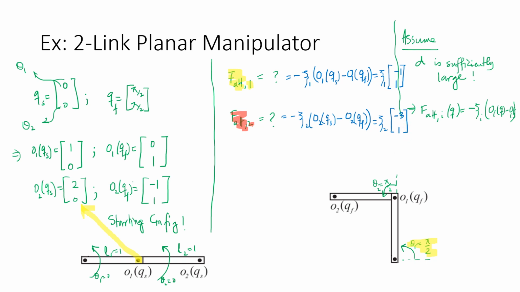In its pictorial representation, this would mean that this particular point over here is going to feel an attraction with a much stronger vector, structured like this: that it is going minus 3 units along the x direction and 1 unit along the z direction. And we are assuming that zeta 1 and zeta 2 are in this particular case not having different values in them.